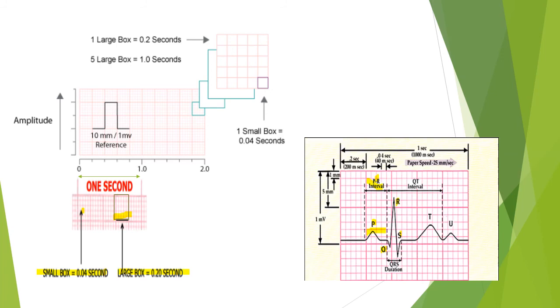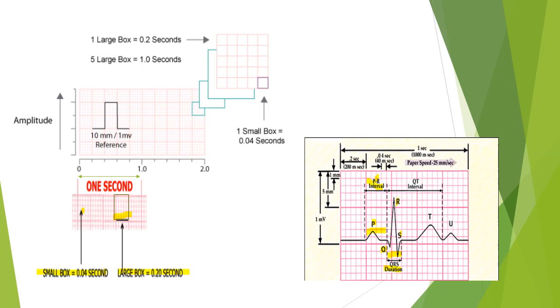Okay? And if I told you that the QRS duration is 3 minute squares, like you see here, and each minute square, as you know, is now 40 milliseconds, so the QRS duration is 3 multiplied by 40, and the QRS duration is 120 milliseconds.